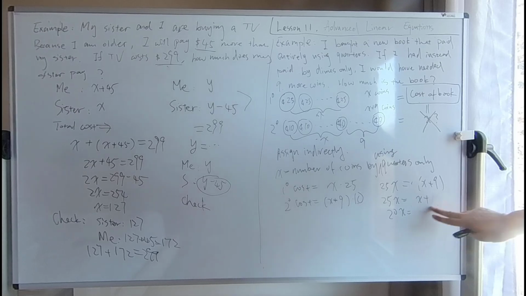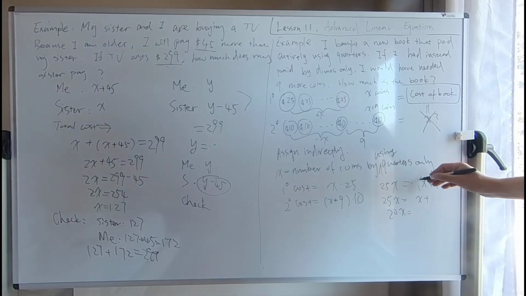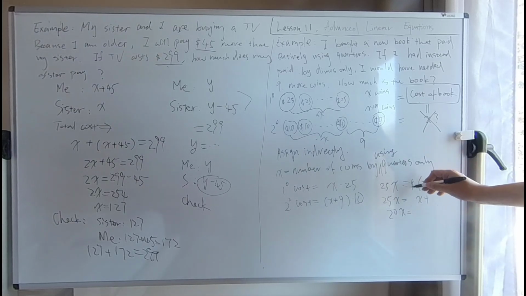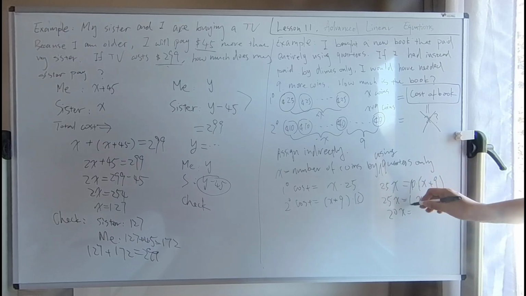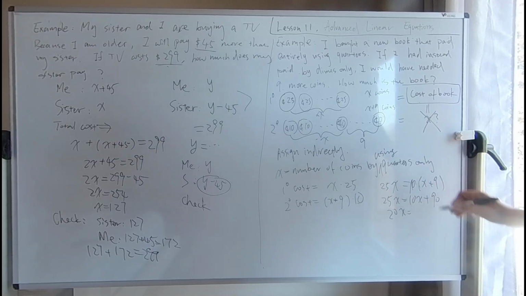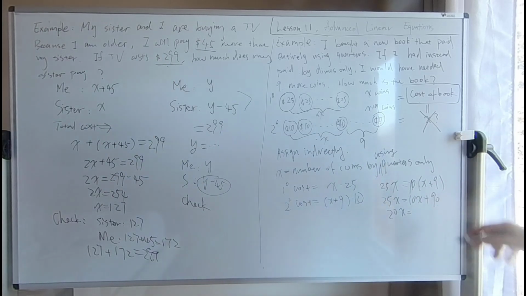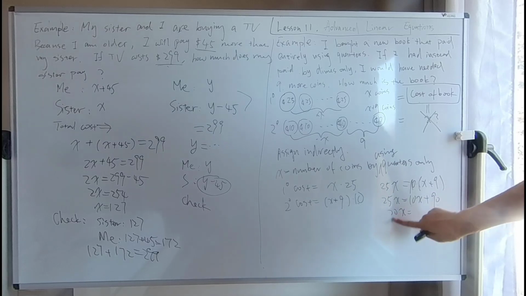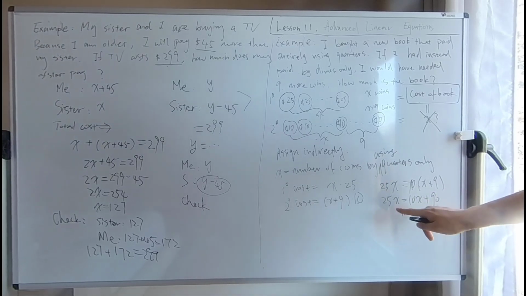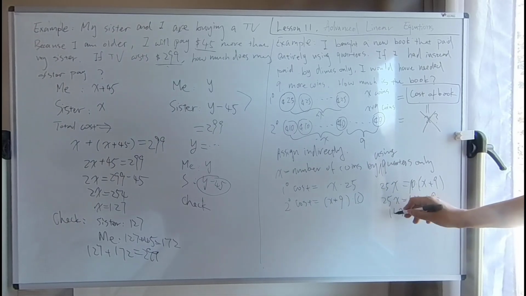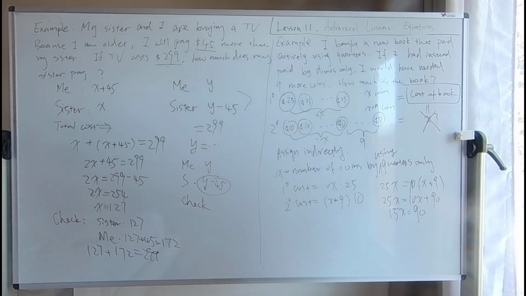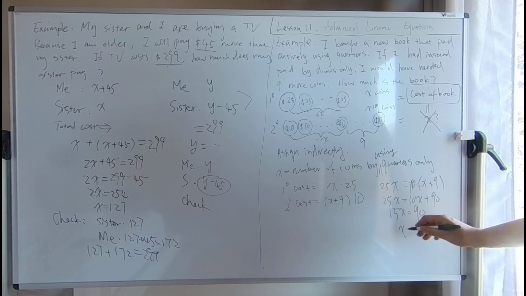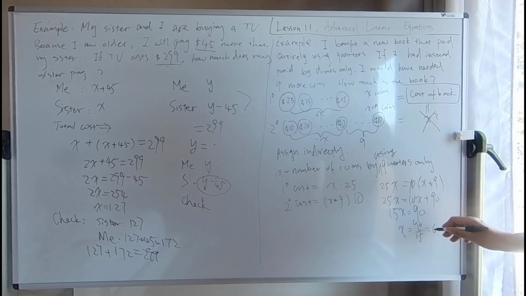Otherwise, we will not get an integer number, but the number of coins should be an integer. So it's 10 times x plus 9, so 10x plus 90. Then I'm moving 10x over there, 25 minus 10 gives me 15. And then 90, there's only one constant term, 90. So 90 divided by 15 is 6.